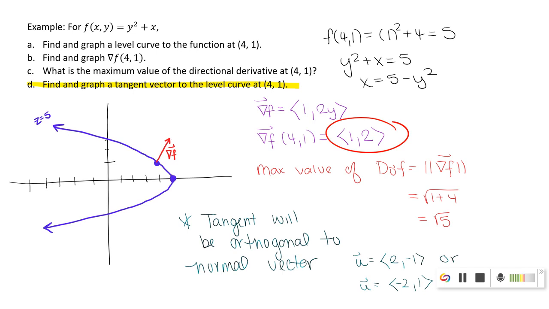So either the vector (2, -1) or the vector (-2, 1) would be appropriate. Both of those vectors are going to be tangent to this level curve. It just says find a tangent vector. It doesn't specify which one. So I just randomly chose to draw the vector (2, -1) on that graph.